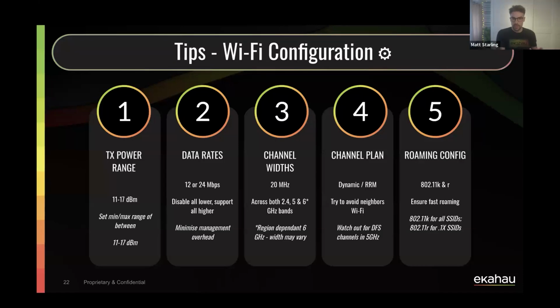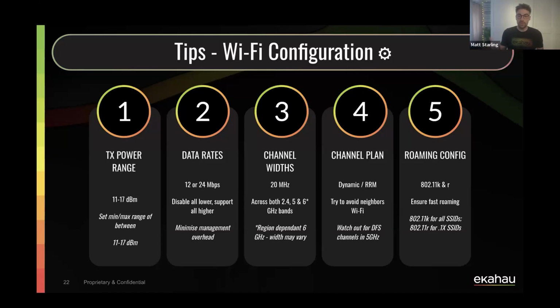When it comes to your transmit power levels, typically we're going to be using a range between 11 to 17 dBm. But again, this has some caveats, because you might be using access points that have high gain antennas that could be increasing your EIRP, and you need to keep that within your regulatory domain limits. But as a rule of thumb, using a range between 11 to 17 is typically what we see a lot.